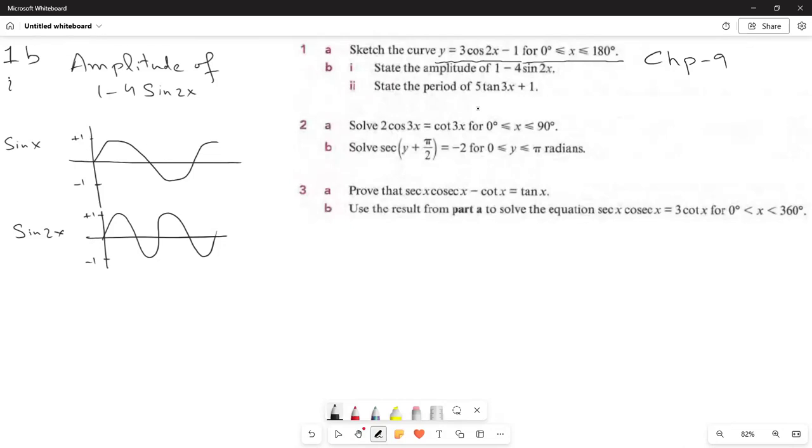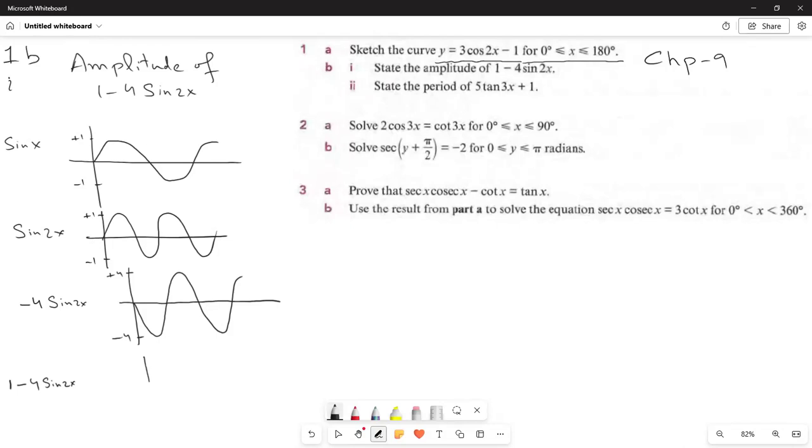Okay, now if I multiply this thing by minus 4 sine of 2x. So you can imagine that it will change the sign and increase the amplitude. So this time it will go from plus 4 to minus 4, right? And finally, when I add 1 into it, it will become 1 minus 4 sine 2x.